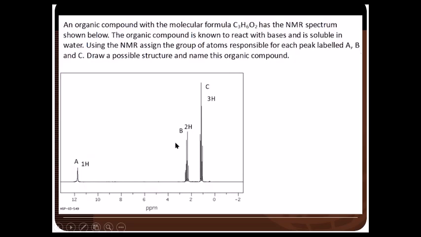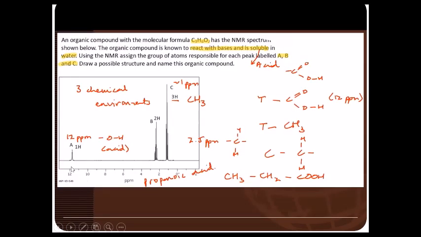Anyway, let's look more carefully at the 12 ppm, 12 parts per million peak. This would usually be typical of the OH of an acid. You can see that from your data booklet, table 27, your IB chemistry data booklet. So I must have at least an acid functional group here.